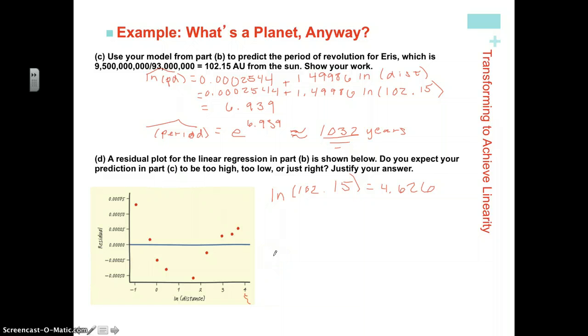Because the residual is equal to your actual y minus your predicted y, it seems likely to be positive. So we would expect our prediction to be low.